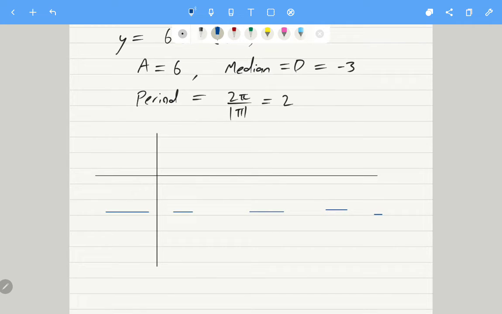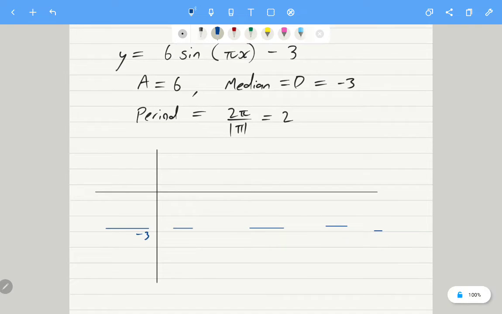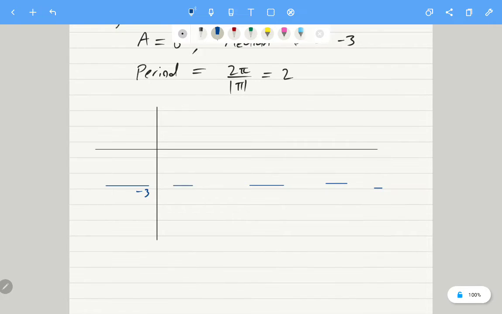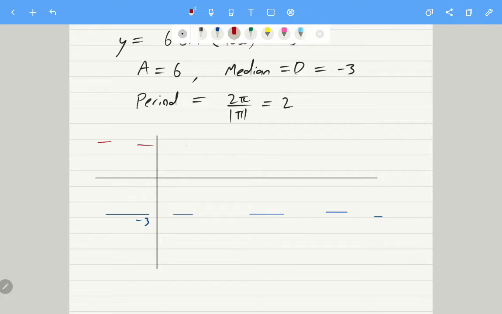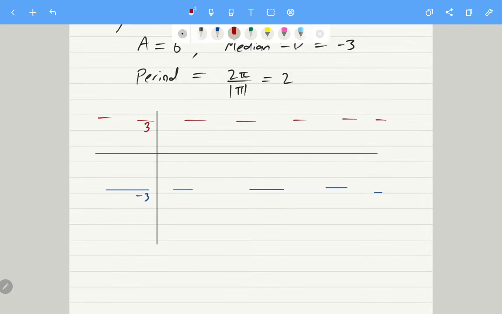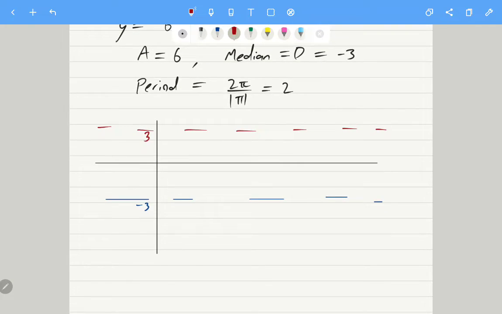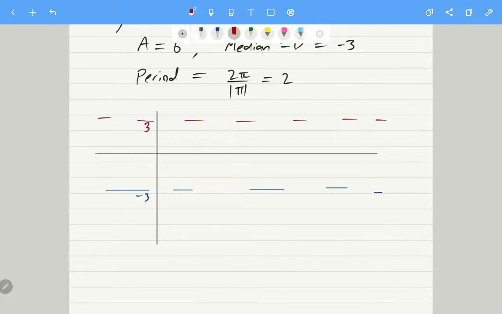So there's my median line. That's that -3. The amplitude 6, so 6 above -3, that's going to be my maximum. My maximum is going to be at 3. And my minimum is going to be 6 below -3, which is -9.